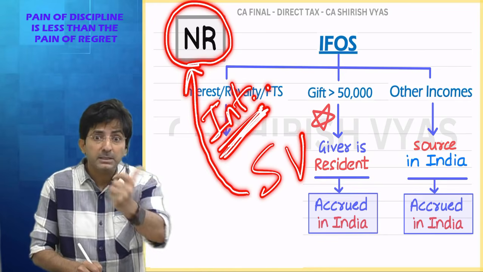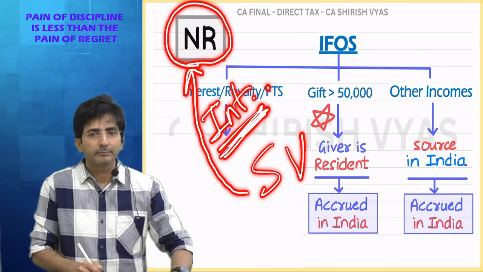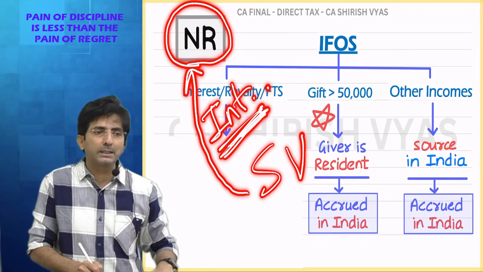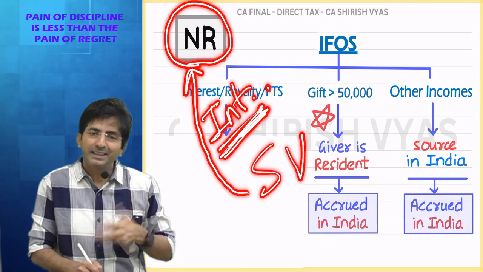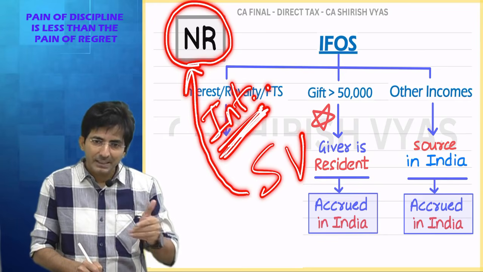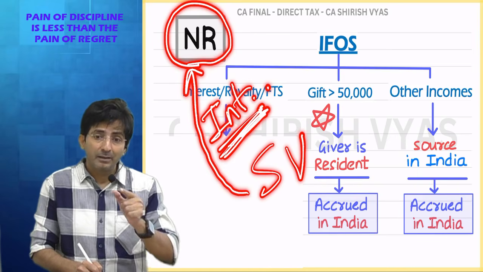In Australian business. So income is accrued in Australia. If such a point comes in exam, 90% of students will see, oh, he is getting interest from Shirish, income accrued in India. But somewhere in the corner they will write, Shirish took a loan for his business in Australia. So income is accrued in Australia.